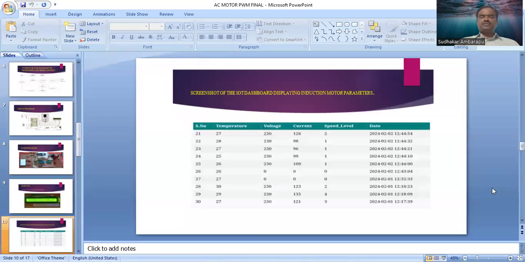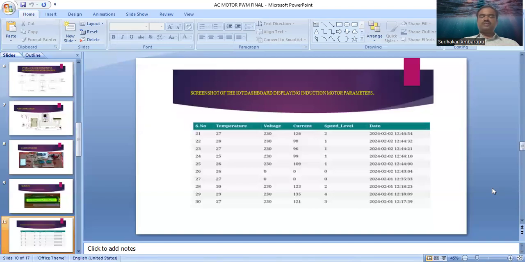If you observe for different temperatures, whenever a high current of 135 amperes is drawn, the speed level is 4. The voltage is almost maintained at 230 volts. Whenever the motor is connected to a constant voltage of 230 volts, there is a change in temperature from 27 to 30 almost.